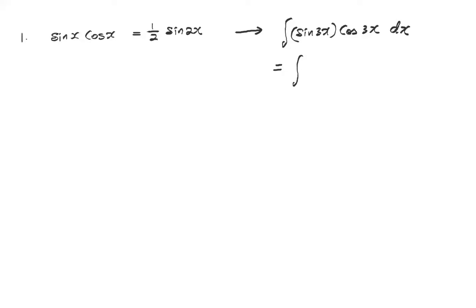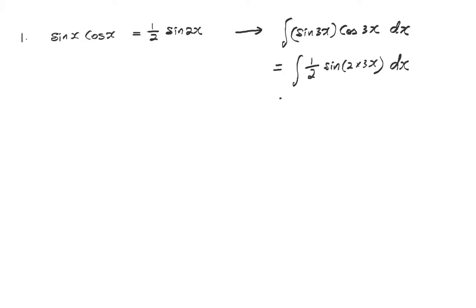Okay. Apply the formula. Turn sin 3x cos 3x to become half of sin double angle, 2 times 3x. That is called the double angle formula.